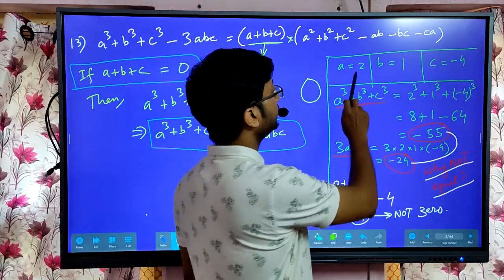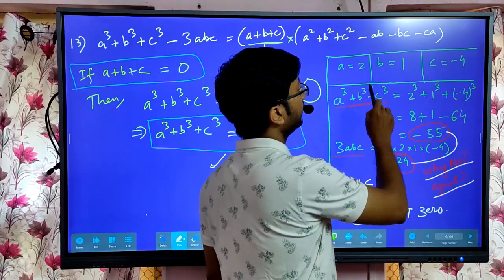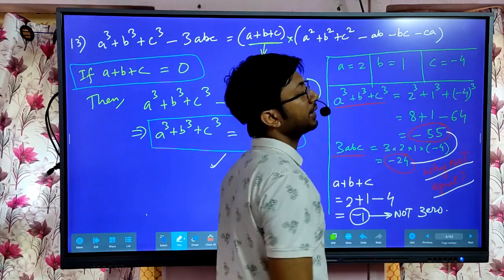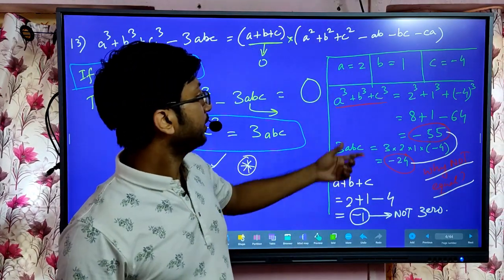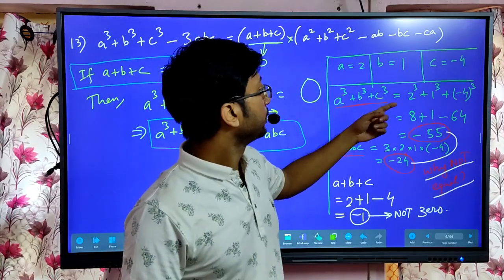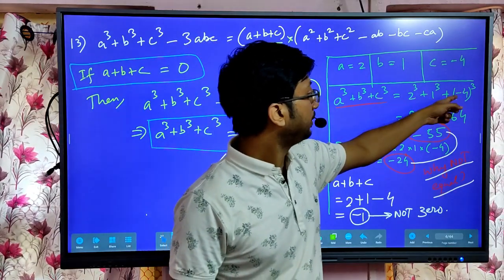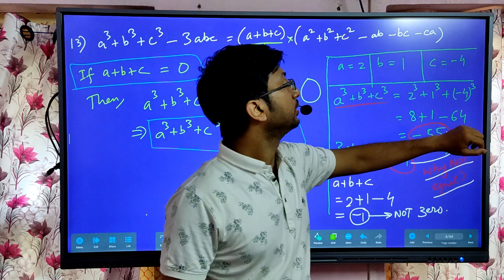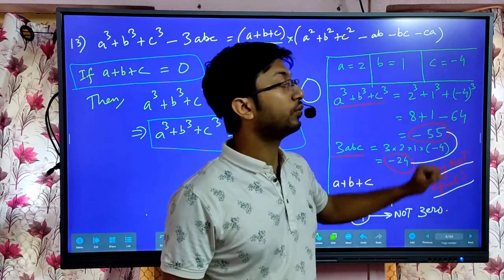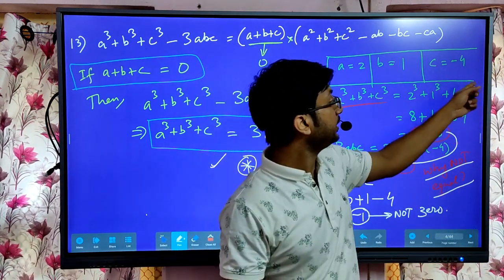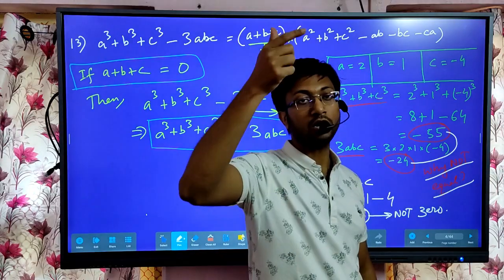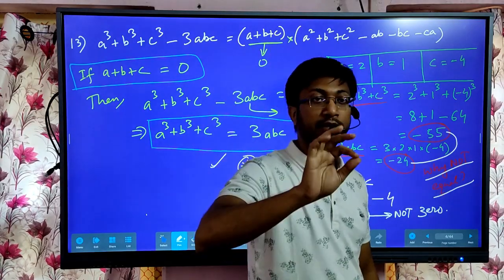Now see, I have taken an example: a is 2, b is 1 and c is minus 4. So let us find a cube plus b cube plus c cube. So 2 cube plus 1 cube plus minus 4 cube. Now this minus sign will come out. Why? Because this 3 is an odd number. When there is an odd power, the negative sign remains.